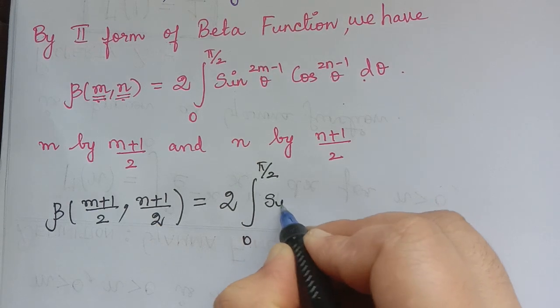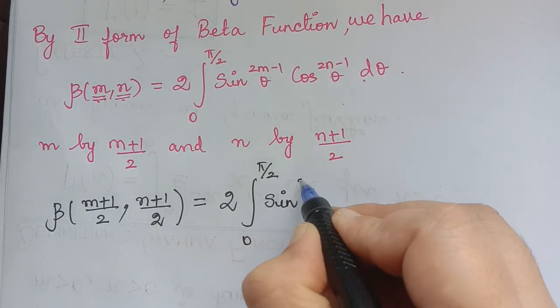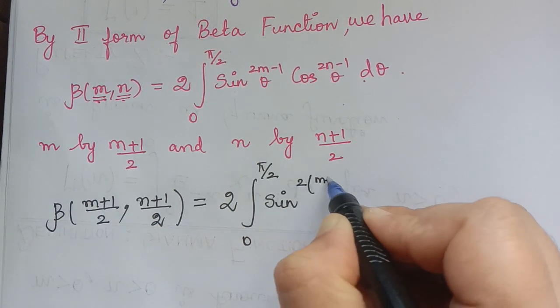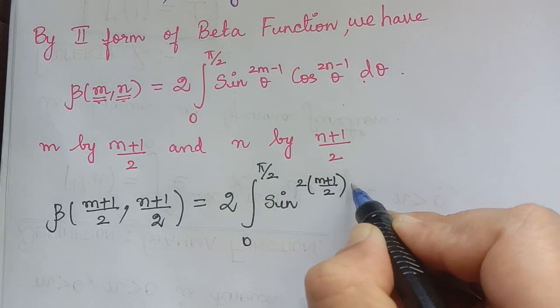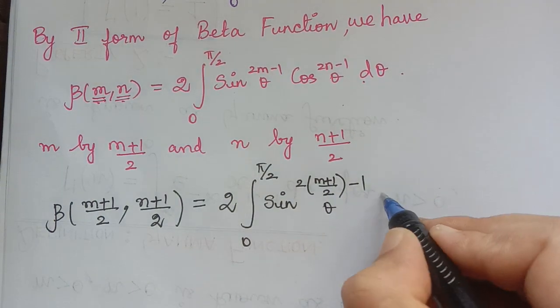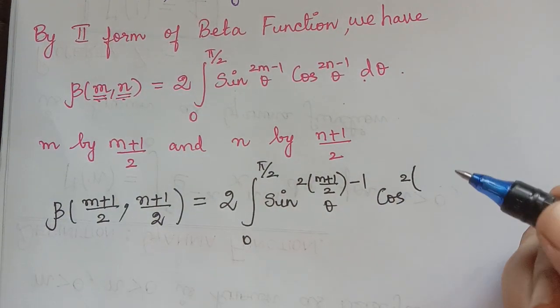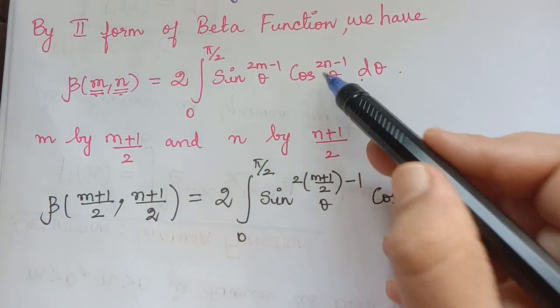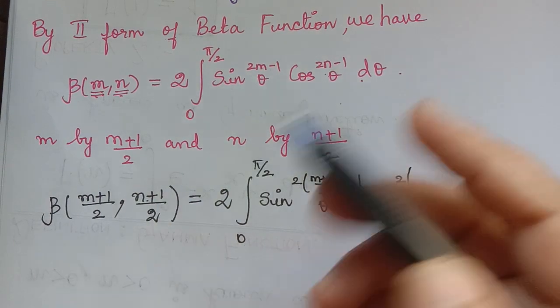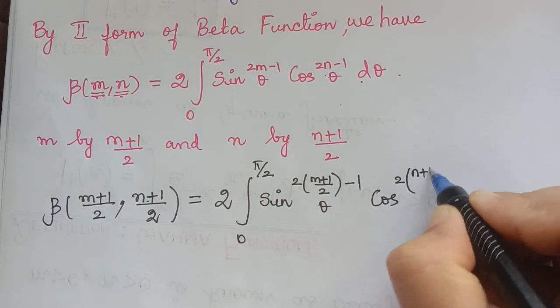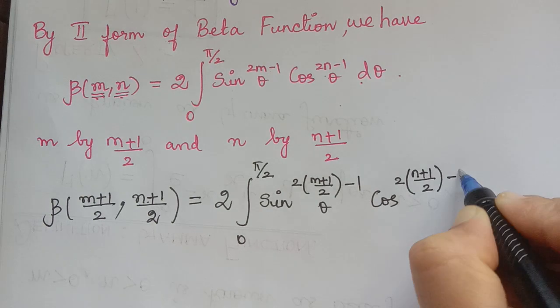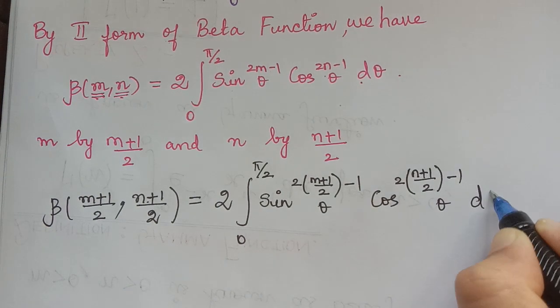So we obtain sine to the power 2 multiplied with m plus 1 by 2 minus 1 theta, and cos to the power 2 multiplied with, wherever we have n, we have to replace it by n plus 1 by 2. So we get n plus 1 by 2 minus 1 theta d theta.